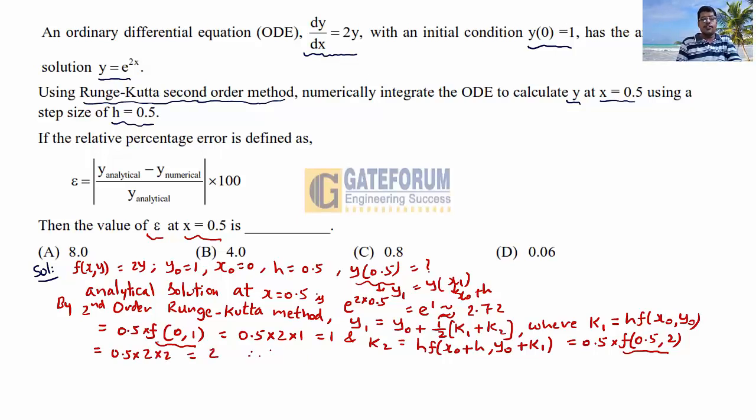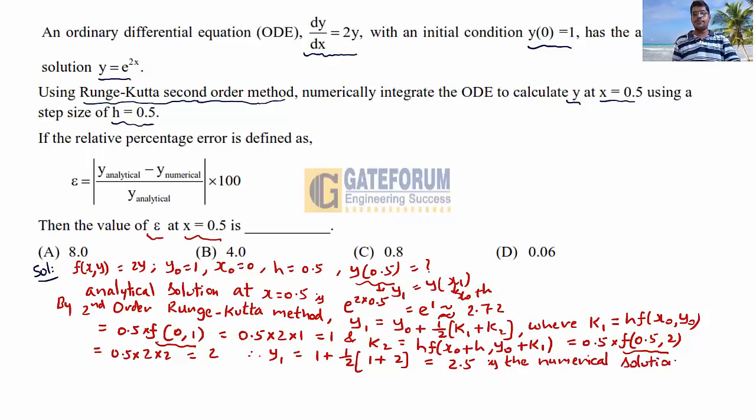So y1 is equal to y0, 1, plus half times k1, 1, plus k2 value 2. So 3 by 2 value is 1.5, so this is 2.5, the numerical solution at x is equal to 0.5.